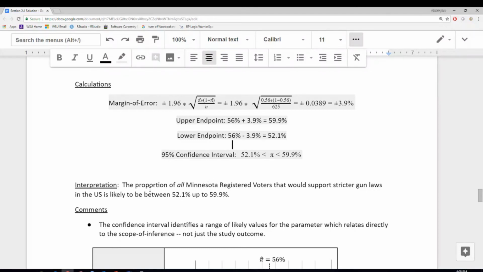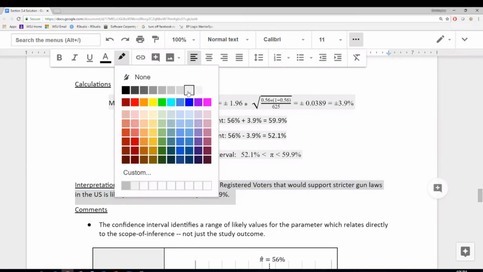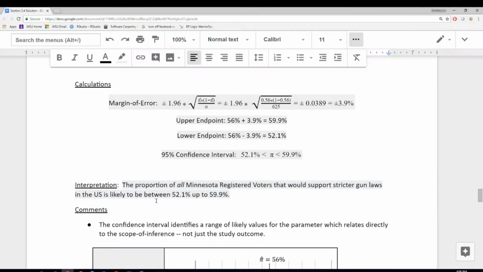Okay, what is the interpretation then of this confidence interval? Well, the interpretation here is it is the proportion of all Minnesota voters. Go ahead and highlight that first. It is the proportion of all Minnesota registered voters that would support stricter gun laws here.